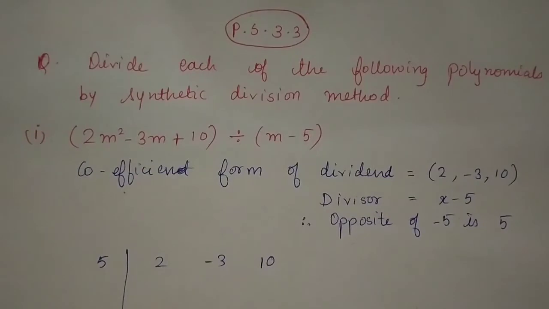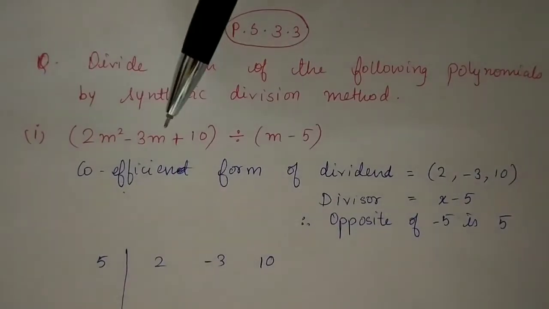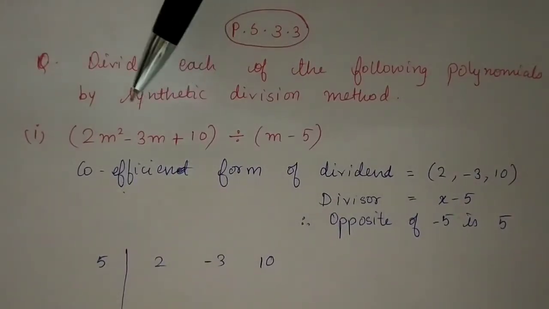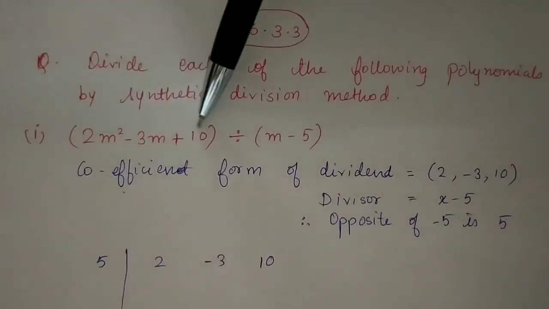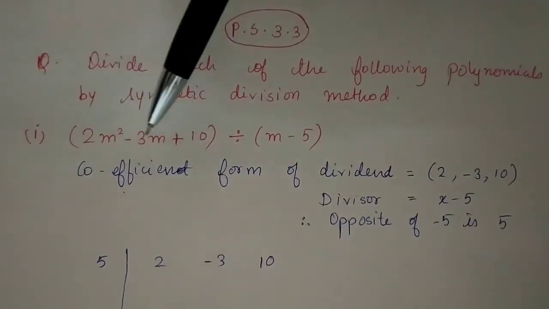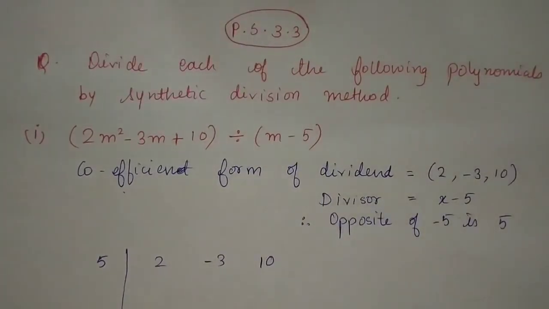There are 3 steps that are to be followed. First step, check whether the dividend is in the standard form, meaning check whether it is in the decreasing order of the powers. So there is 2, 1 and 0. Not a problem, so the first step is clear.